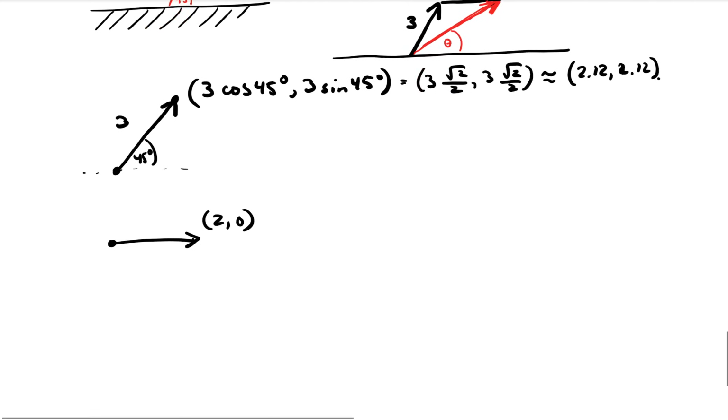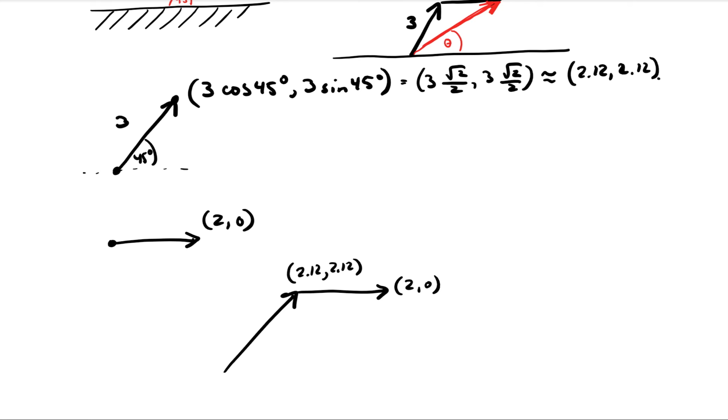So now what we want to do is add up those 2 vectors. So we've got this vector with coordinates 2.12, 2.12, and then we need to add this other vector. And notice that how we add vectors, we place the tail of the second vector where the head of the first vector is, and this other vector is 2, 0.